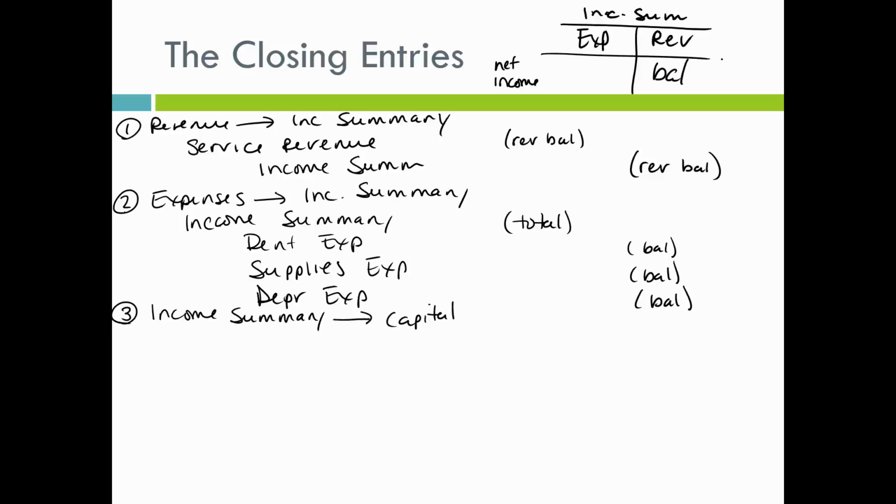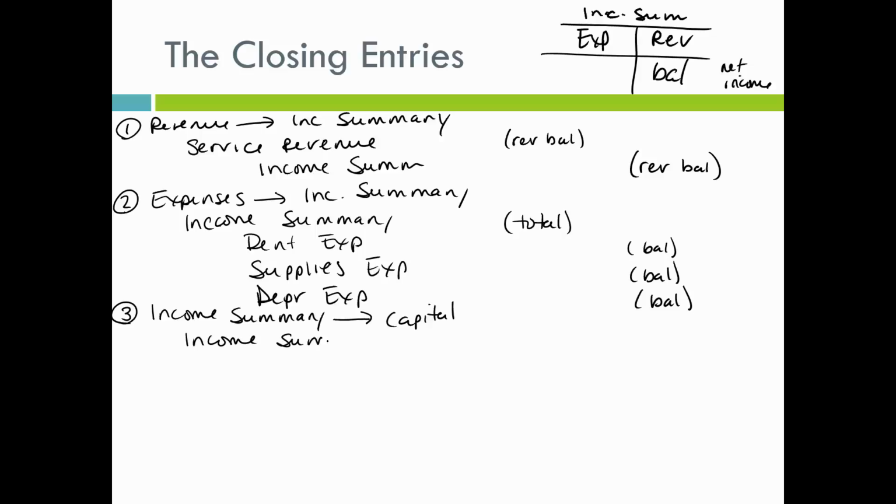Hopefully my revenue is higher than my expenses, right? If I had a net loss, it would be over here. So hopefully I have a net income, and my revenue is bigger than my expenses. So my credit is bigger than my debit, and my balance is sitting over on the credit side. So that means I need to debit that to make that go away.